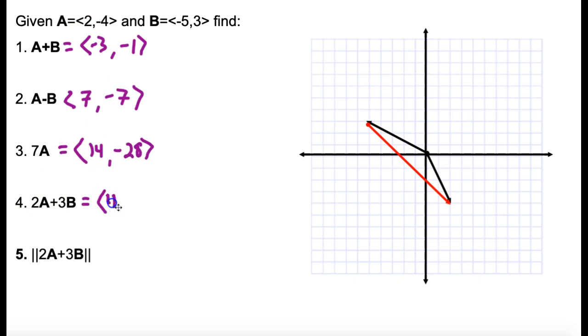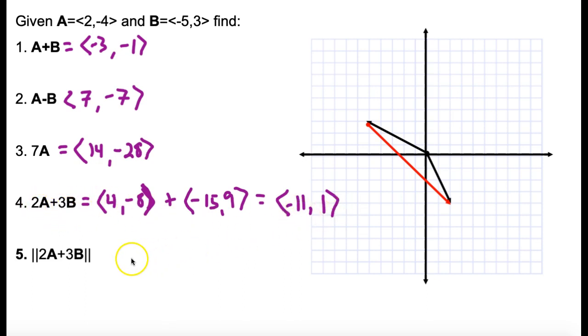So that would be 4, negative 8. And then if I want to multiply b by 3, I will have negative 15, 9. Now I can add each of these components together and get negative 11, 1. So 2a plus 3b would be negative 11, 1.